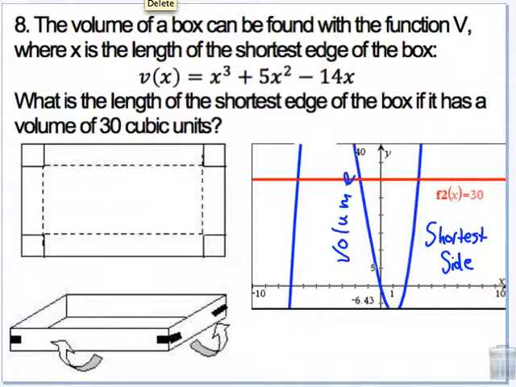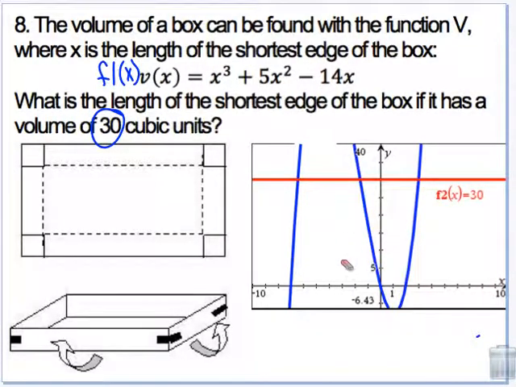The formula up here should be graphed in f1 of x, and then for f2 of x, just graph f2 of x equals 30. The reason why I picked 30 is because the 30 is right here where we're looking at that volume.